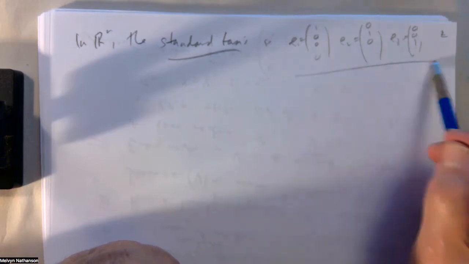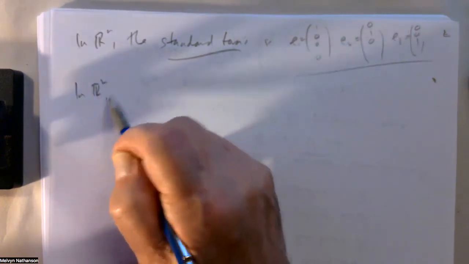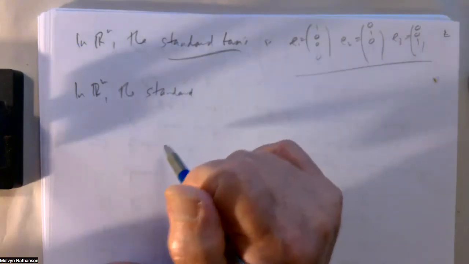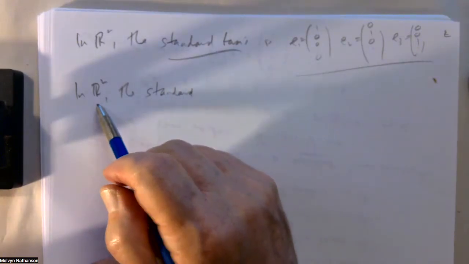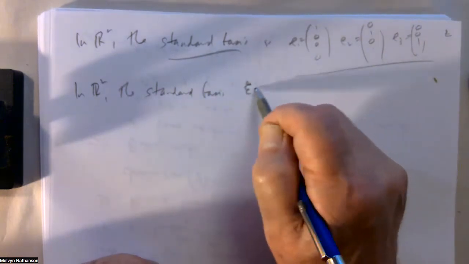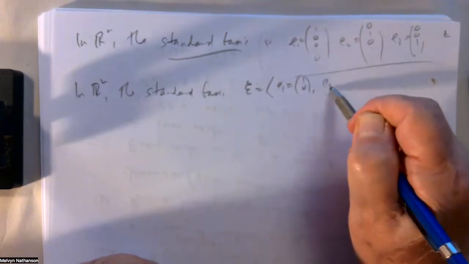So this is the standard basis for Rn. So for example, in R2, every basis has two vectors in it because R2 is two-dimensional. So the standard basis script E consists of the vectors e1, which is 1, 0, and e2 is 0, 1.